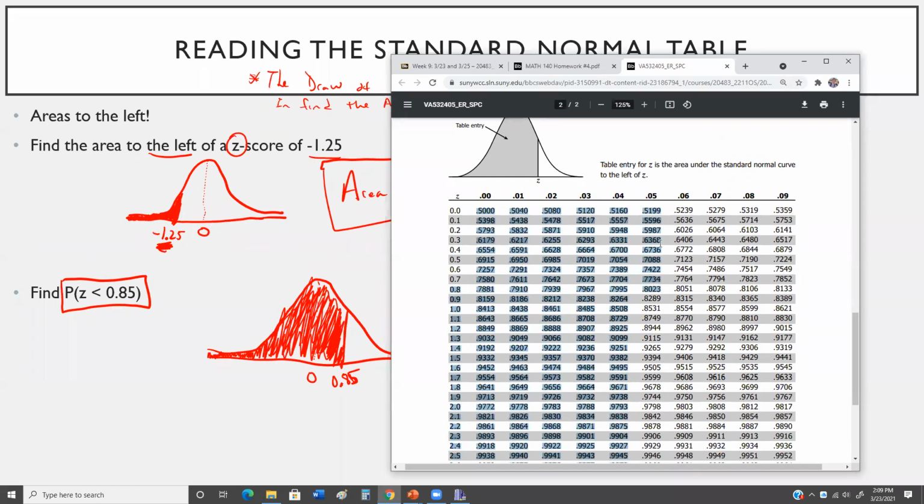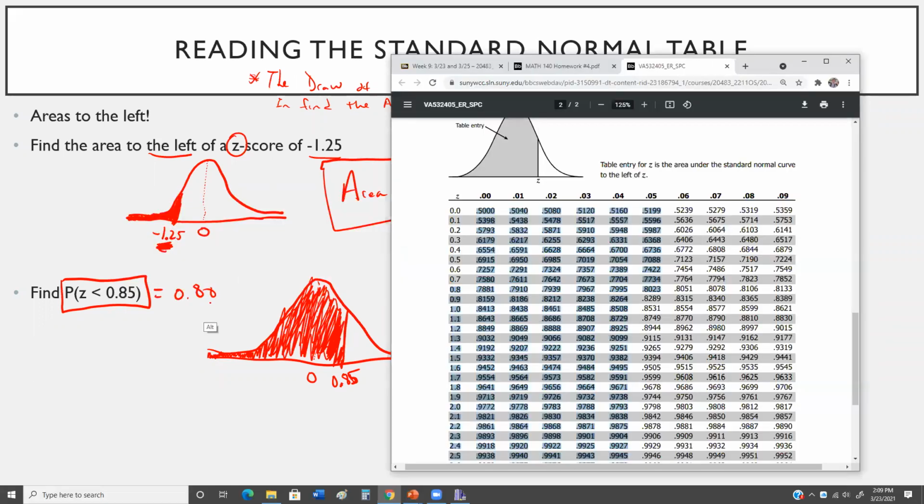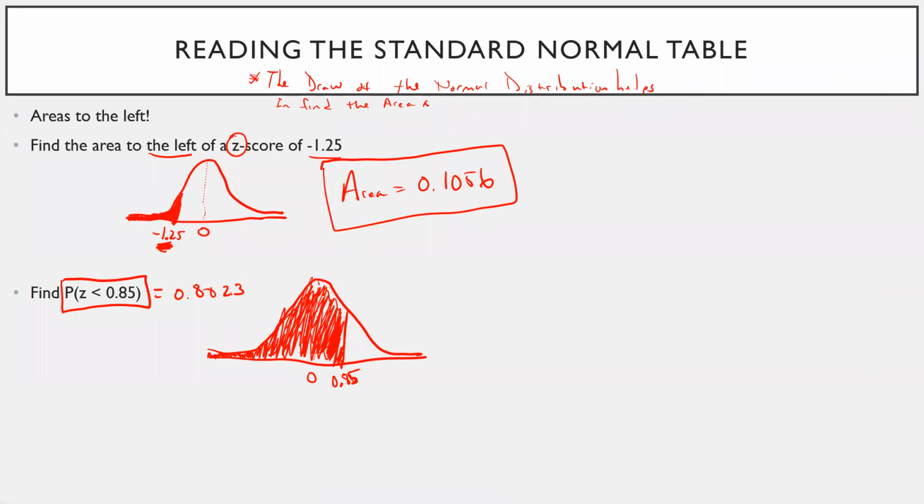Can anybody tell me what number they get? 0.8023. And that's the answer to that probability right there. 0.8023. And that's it.